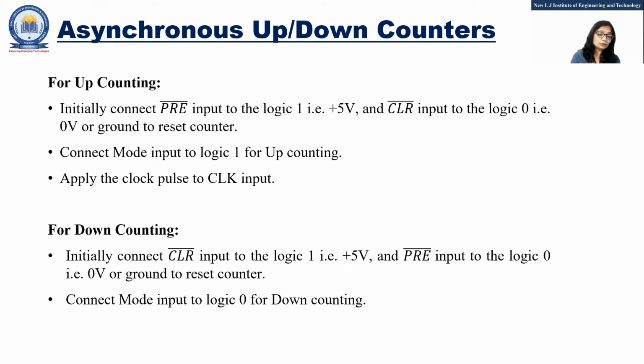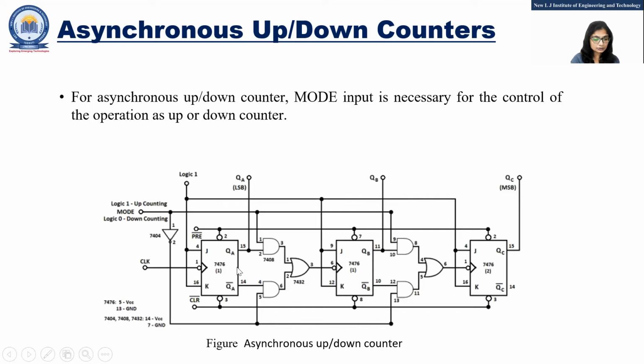Okay, two more things I want to tell you, that is the PRE and clear signals. Here I am using PRE, that is preset, and CLR is to clear the flip-flop. So here I am using PRE bar and CLR bar. So there will be an inverter inside this flip-flop.